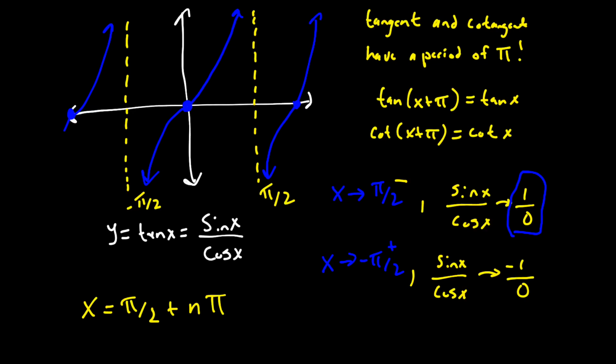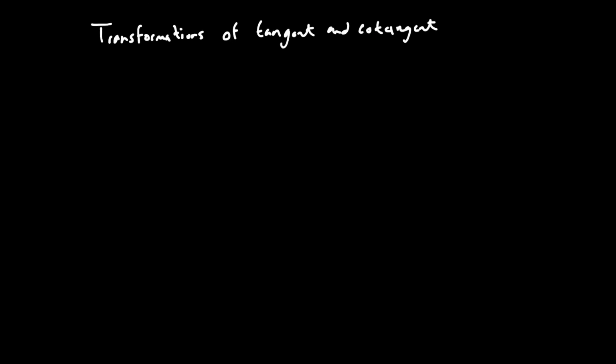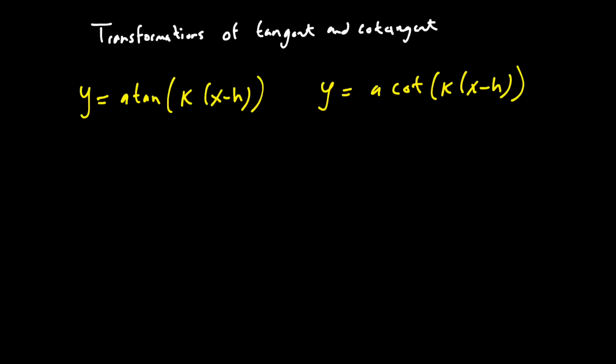The graph of cotan x will be left as an exercise for you to look at. Like the remainder of the trig functions, both tan and cotan can be transformed using specific transformations. These transformations are very predictable and can be represented using the regular form, which is given by the following functions.